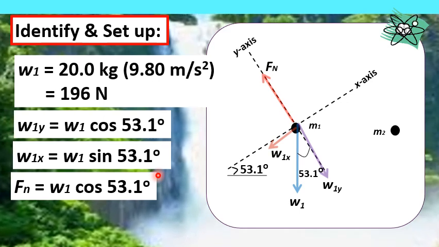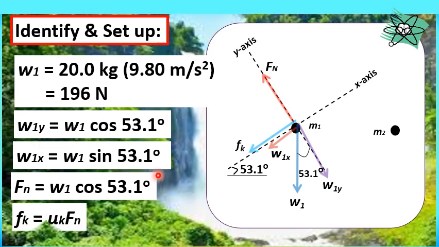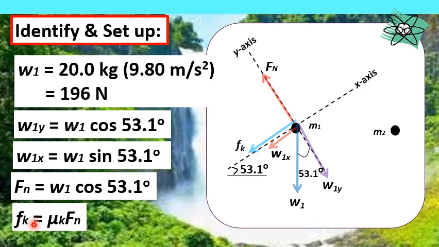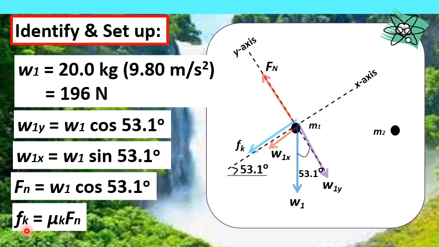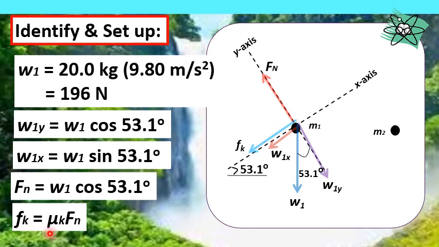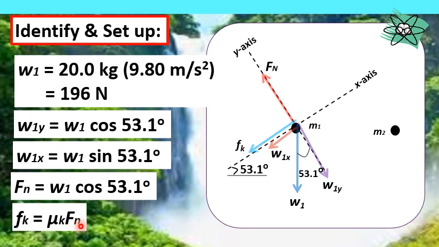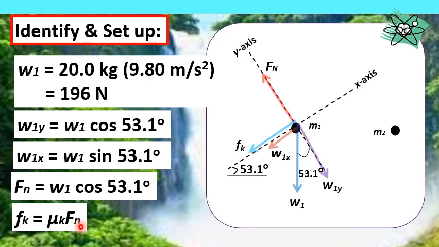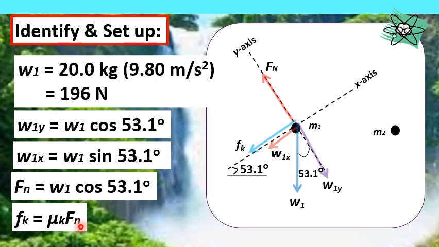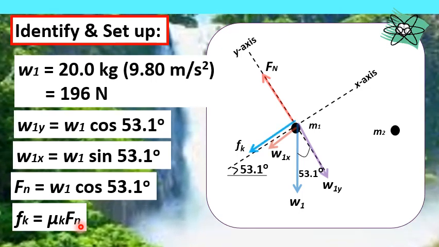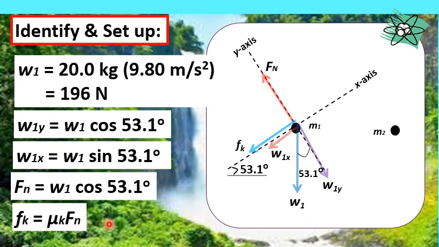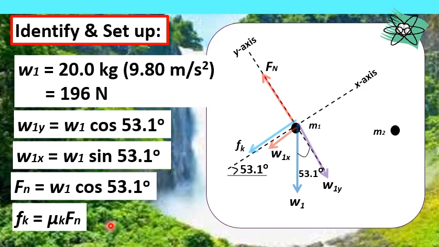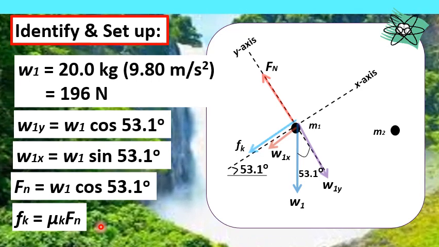The force of kinetic friction, denoted by Fk, is equal to the coefficient of kinetic friction multiplied by the normal force Fn. This is the friction between the mass M1 and the surface while M1 is accelerating up the incline, right?